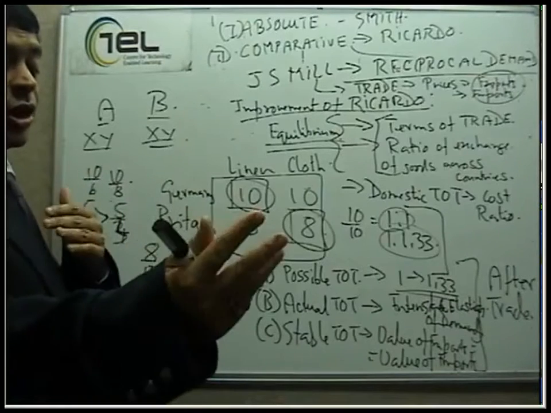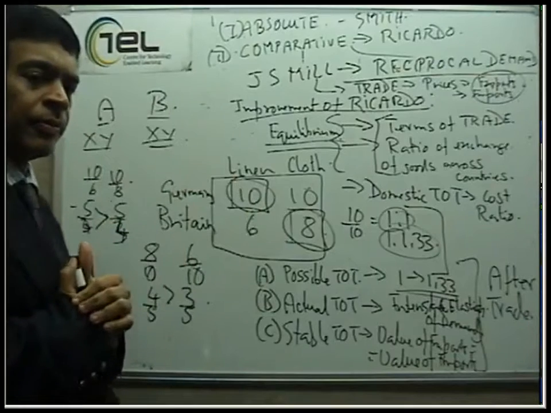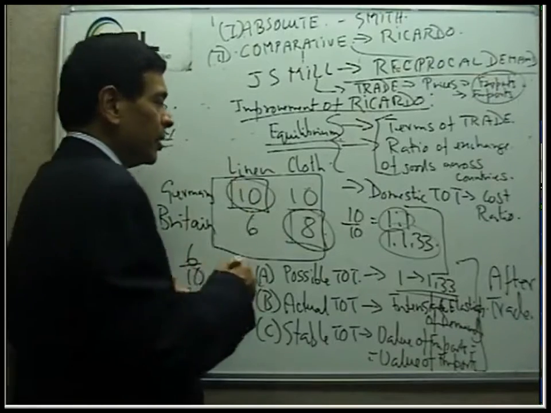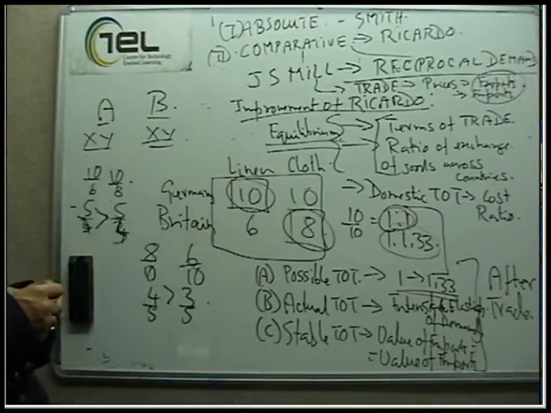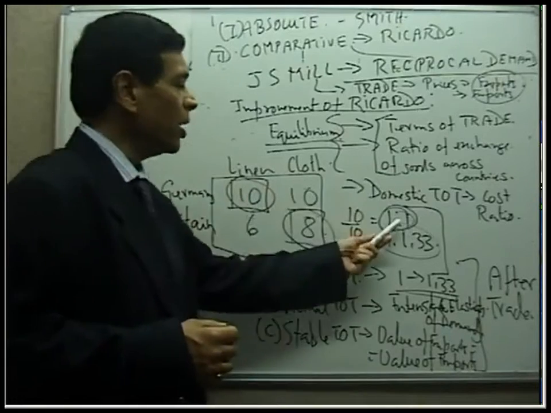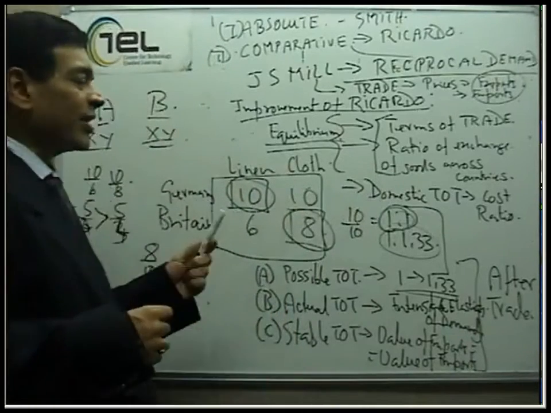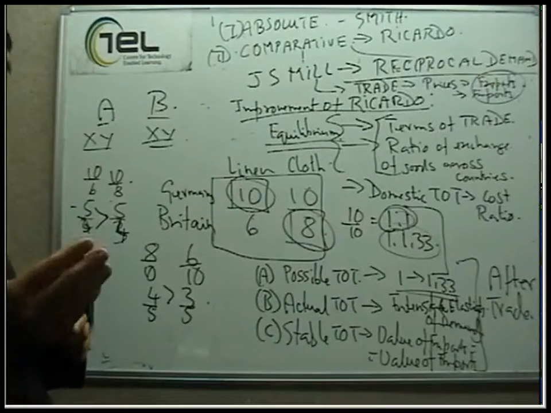Now, suppose Germany's strength of demand for cloth increases dramatically. In that case, the terms of trade could be 1:1, which means for every 1 import of cloth from Britain, it gives away 1 linen.